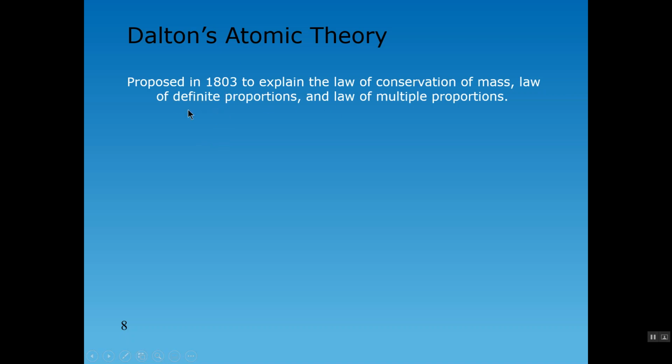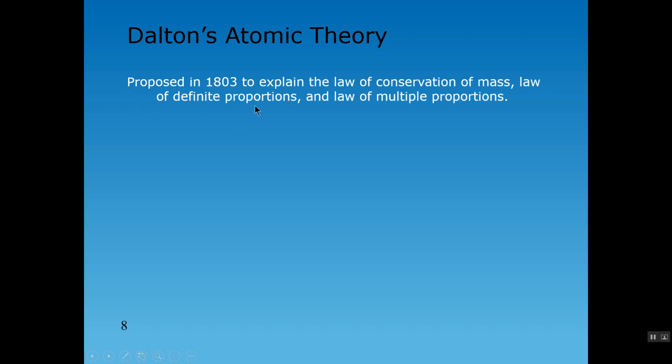And basically what he did was that he looked at all the experimental outcomes, data, whatever, from his time. And based on his examination, he came up with this idea about what happens at the microscopic level for different substances in terms of the compounds they form and the reactions that they undergo, right?